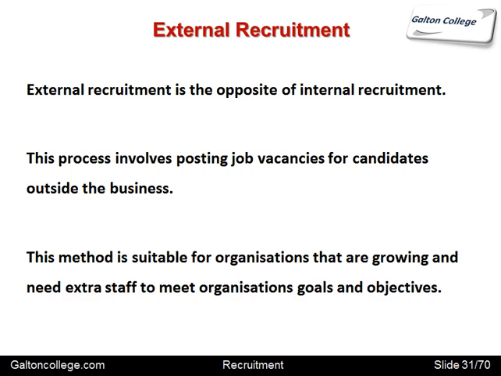Although some businesses will say it's advertised externally and internal candidates may apply also. So it's just simply opening it up. Sometimes the business may say they want an entirely new member of staff coming in from the outside and internal candidates will not be considered. So it depends really on what the business wants.